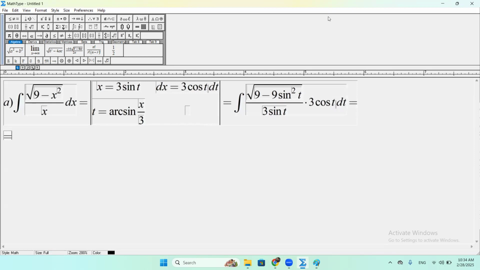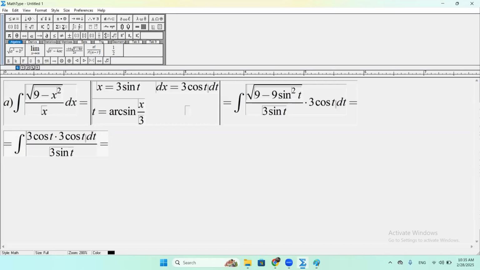So now let's simplify this expression. So what do we have here? 3 cosine of t by 3 cosine of t dt, and divided by 3 sine of t.